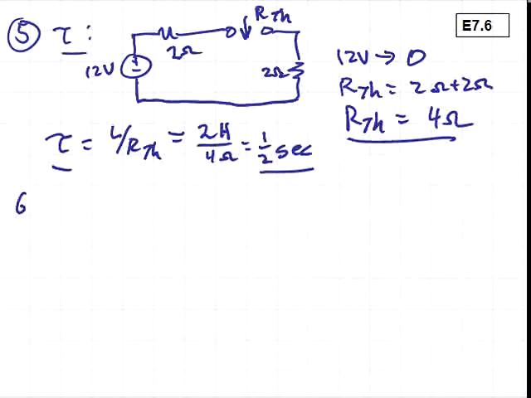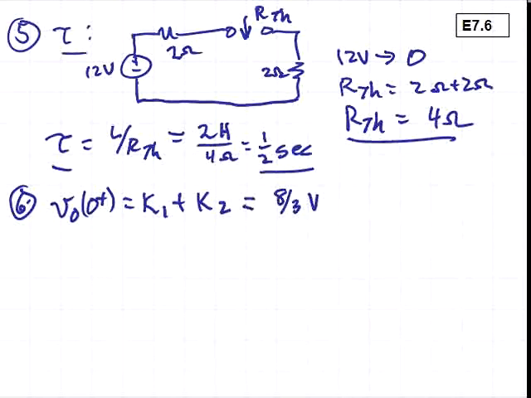And then the final step in the step-by-step approach is to evaluate those coefficients which we had in our original equation. That is, VO at 0 plus will be K1 plus K2, since at t equals 0 that exponential term has a value of unity. And from our previous work, this is equal to 8/3 volt.